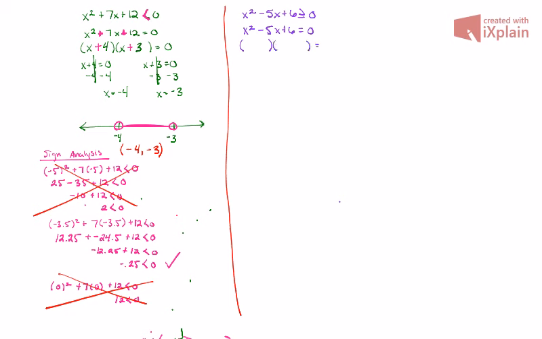That will allow me to factor, and this will become x minus 3 and x minus 2, which then allows me to use my zero product property to say x minus 3 could be 0, or x minus 2 could be 0, which then allows me to solve for x. So x could be 3, or x could be 2. So this allows me to move into my number line.